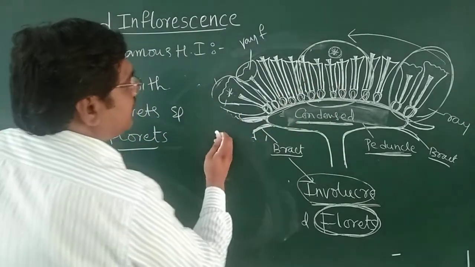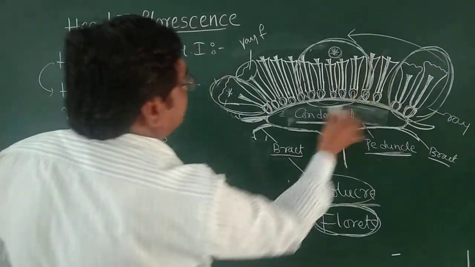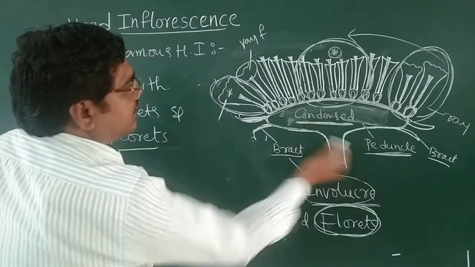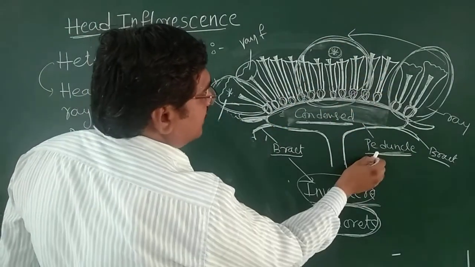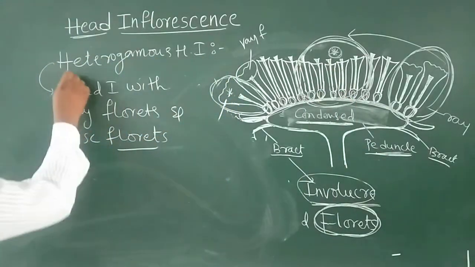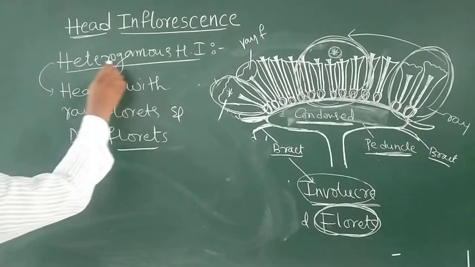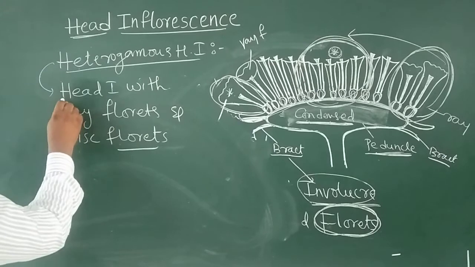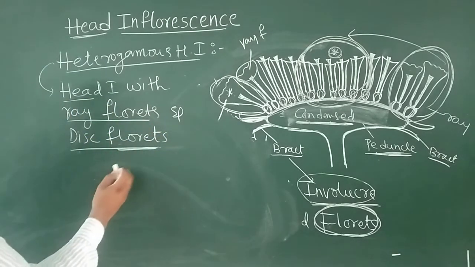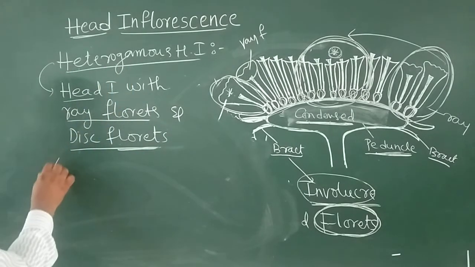Ray florets are present at the peripheral side of the condensed peduncle and disc florets are present at the center of it. So, this is the heterogamous head inflorescence. This is called heterogamous head inflorescence.